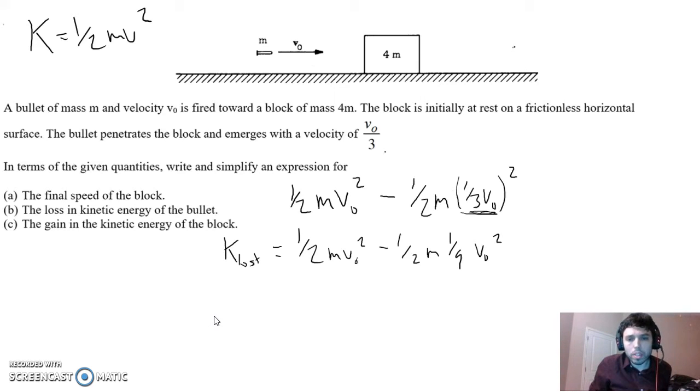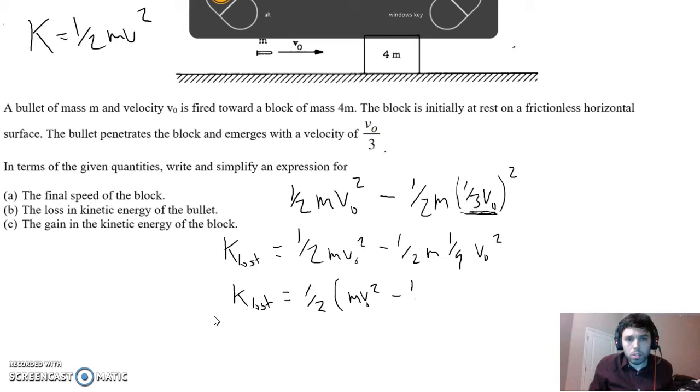So we're just going to simplify down. I'm going to factor out 1/2. 1/2 times mv naught squared minus... okay, why did it do that?